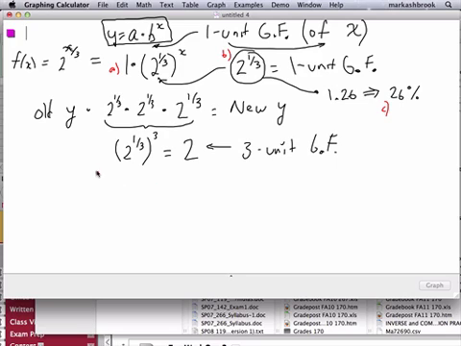We can easily get that from what? We want to know what would we multiply by if we advanced x 4 units. What would we multiply by? 2 to the 1/3, 4 times. In other words, 2 to the 1/3 raised to the 4th. So that would be 2 to the 4/3 would be the 4 unit growth factor.